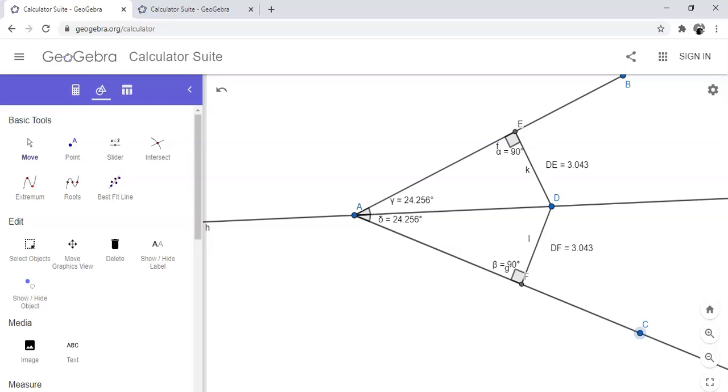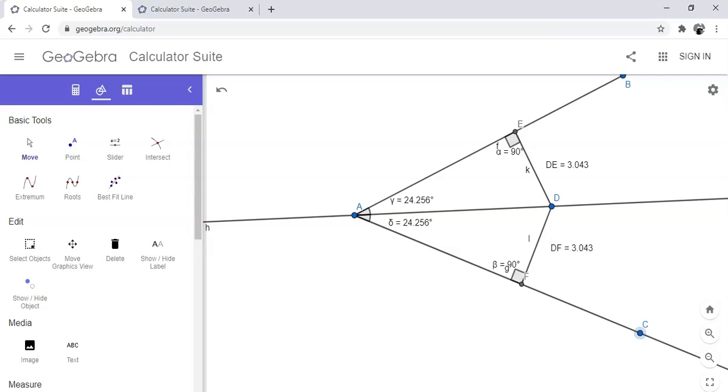And we also have the reflexive property telling us that AD is congruent to itself. So we have the hypotenuse of both triangles and an angle. So hypotenuse angle tells us that these two triangles must be congruent. Therefore, by CPCTC, the measures here must be congruent.